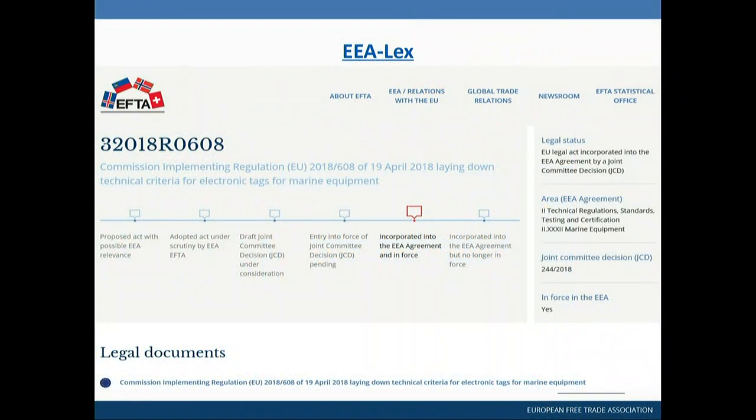And finally, I just want to already mention the EEA web tool quite a few times. I also want to draw your attention to this really useful tool that we have on the EFTA Secretariat's website, EEA Lex. Basically, it's a very useful tool for finding information on the status of EEA relevant acts that are in the process of being incorporated or have been incorporated.